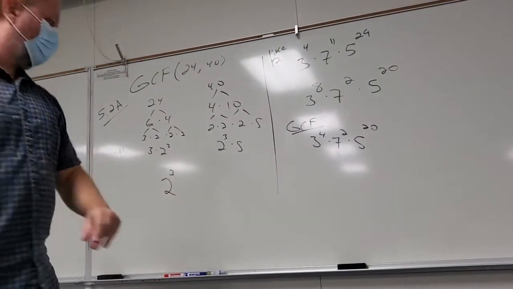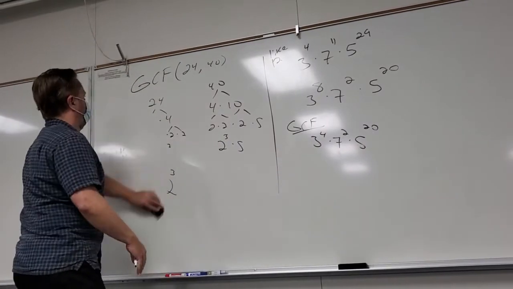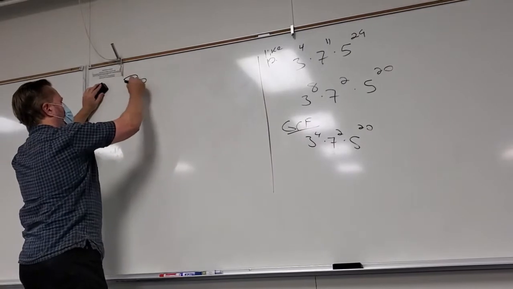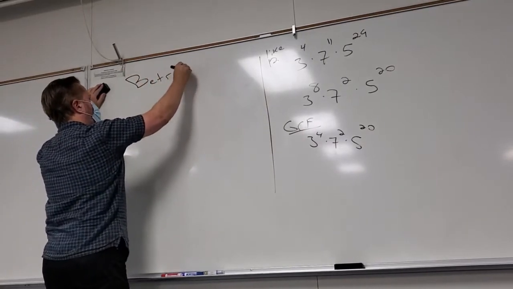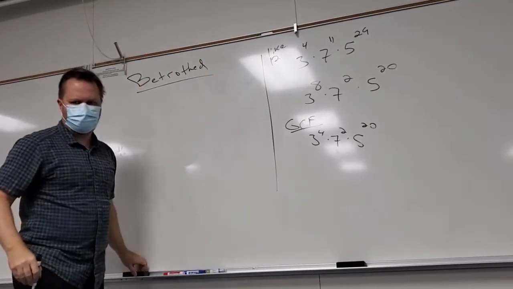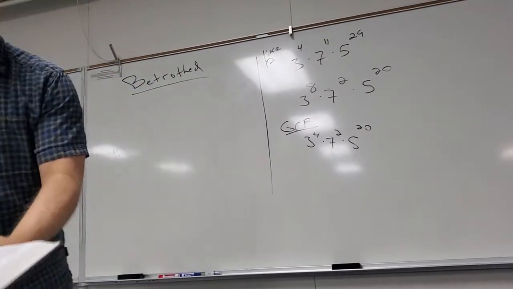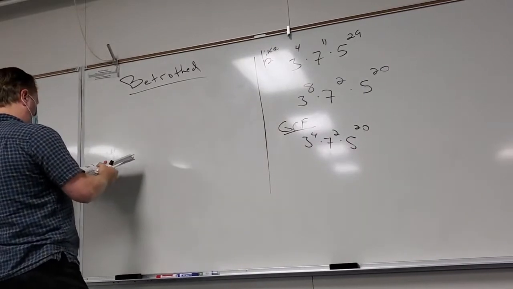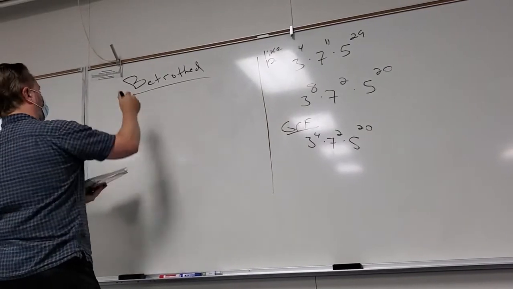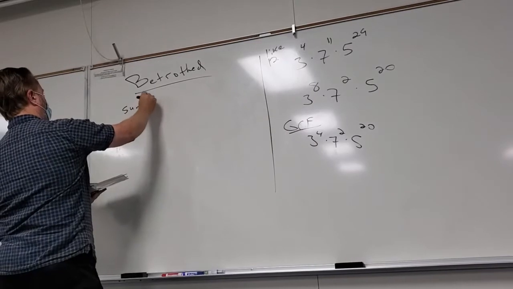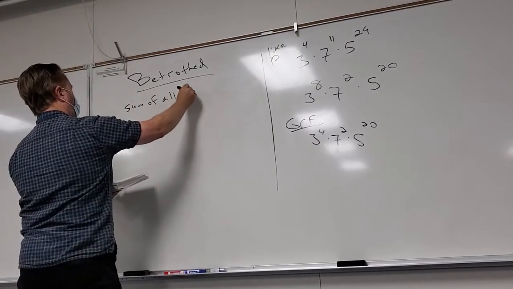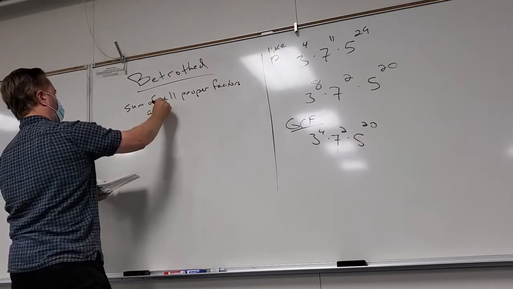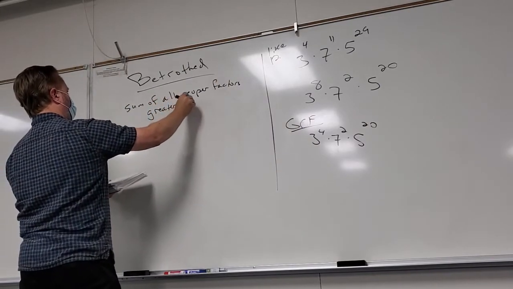Okay, let's get this figured out. So they are considered to be betrothed if the sum of all proper factors greater than 1 of one number. Anybody remember what proper factor means?